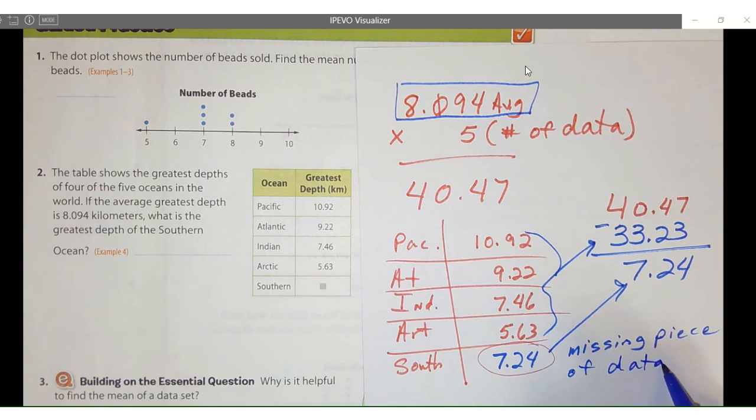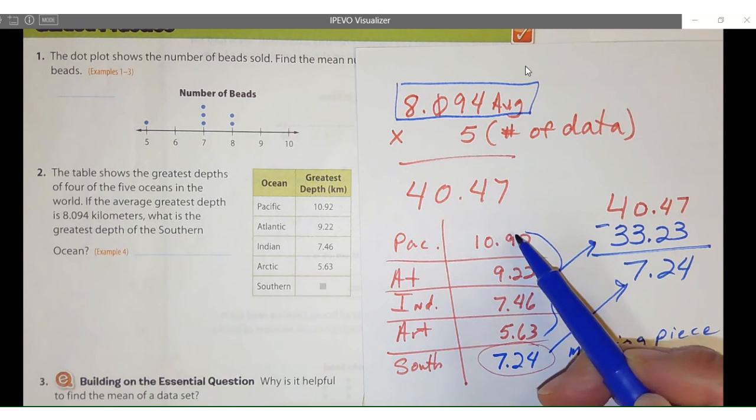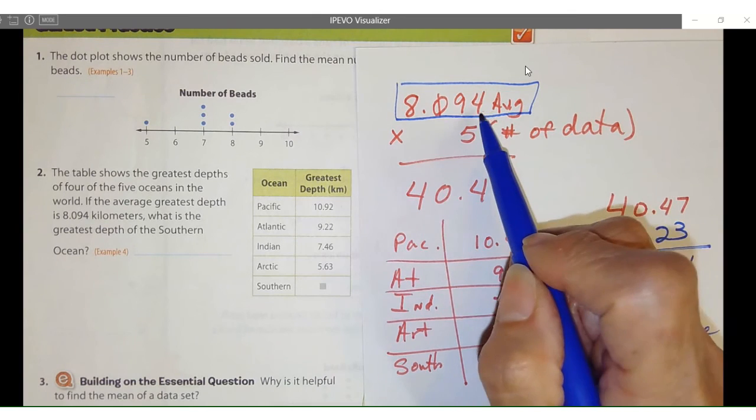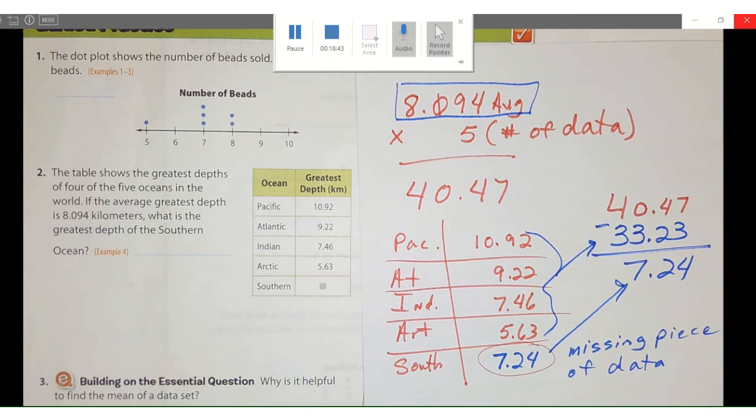And what's interesting is I checked my work by totaling all of these, dividing them the regular way, finding the mean, totaling all of these and dividing by 1, 2, 3, 4, 5 to go back to this number again, which divided by the 5 gives you this number. And that's the data set.